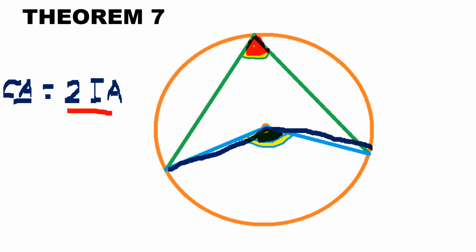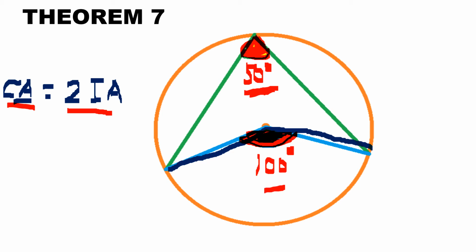So, pag dinoble mo daw si inscribed angle, makukuha mo yung sukat ng iyong central angle. At pag hinati mo naman si central angle, makukuha mo yung measure ng inscribed angle. So, example natin. Si central angle ay 100 degrees. Anong sukat ng inscribed angle mo? Kalahati. And that is 50 degrees. Doblehin mo naman si inscribed angle, makukuha mo yung central angle.